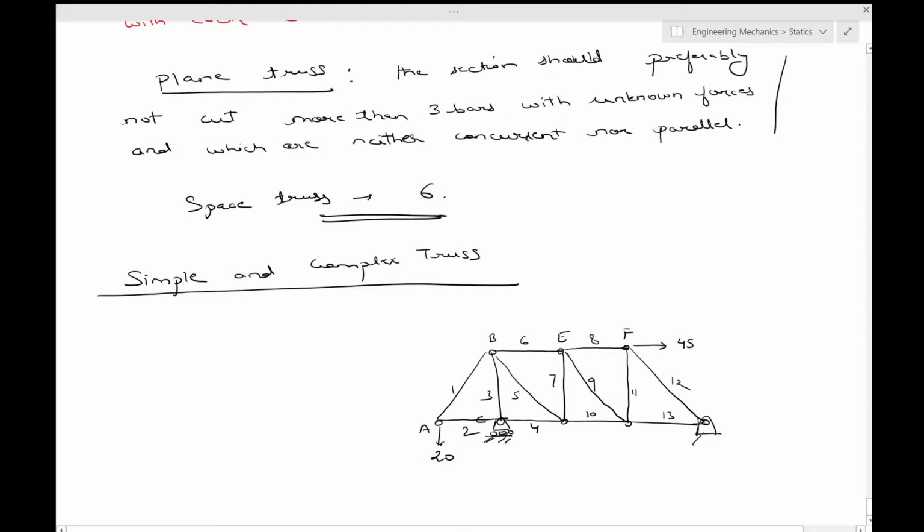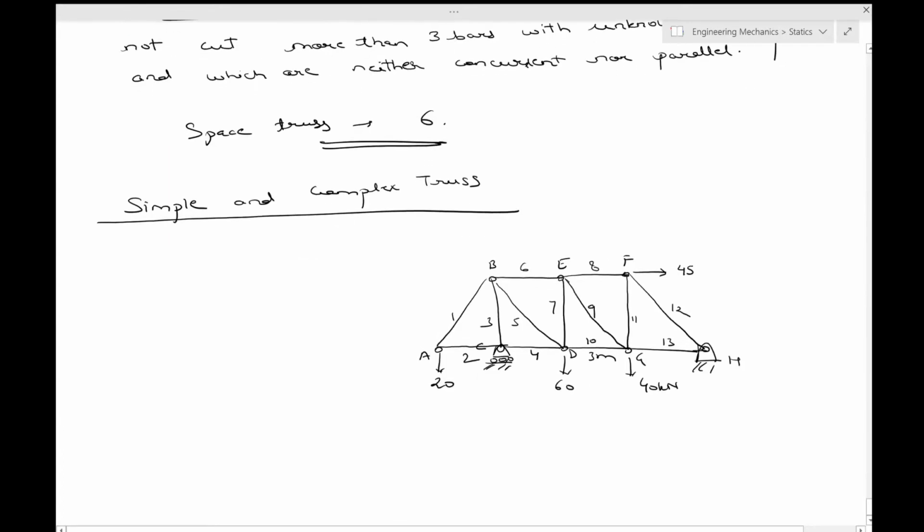This is fixed. H, G, sorry, this is G, this is 40 kilonewtons, this is 3 meters, this is 60, this is D. It seems I have drawn all of it. So this is a simple truss.